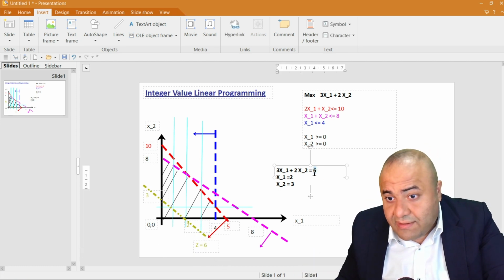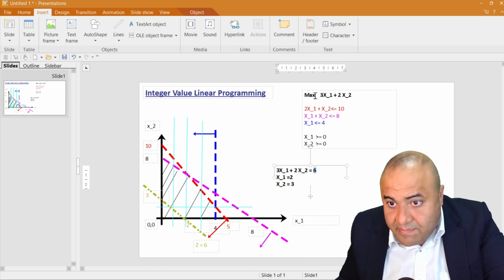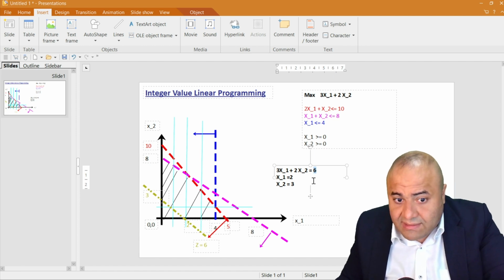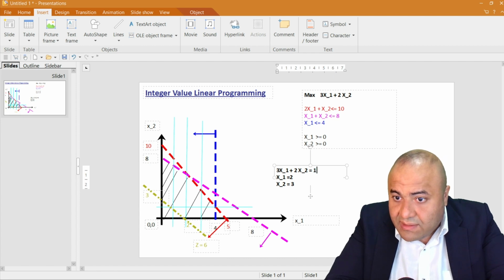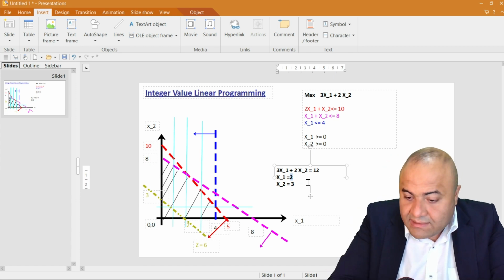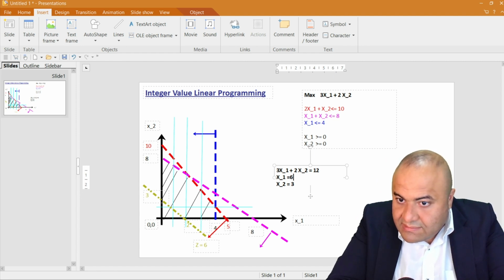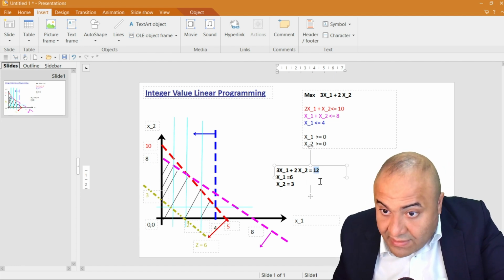Now you try to do another one, where of course you're trying to maximize. So can we maximize it a bit? And the answer is yes, we can. For example, if we put 12, then with 12, when x2 is 0, x1 will be 6, and actually 6 is not allowed, so 12 is a bit of a limit.